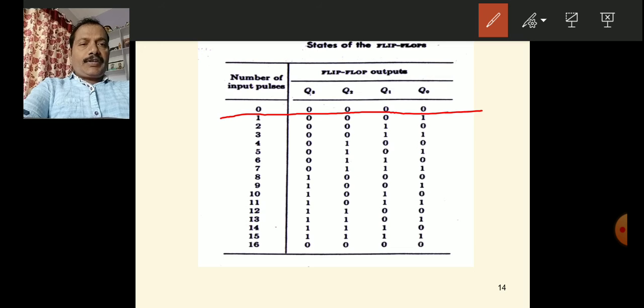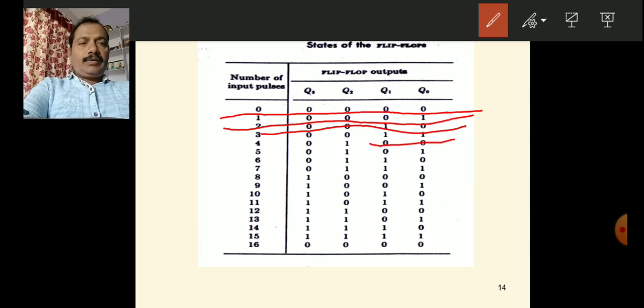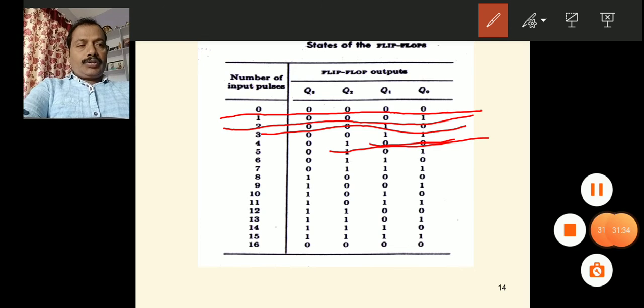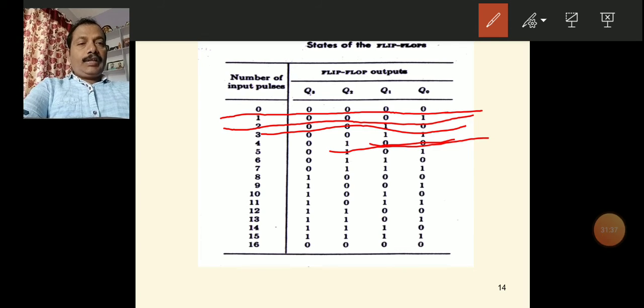Next, for the first pulse 0 0 1, for the second pulse 0 1 0, for the third pulse 0 1 1, for the fourth pulse 1 0 0, for the fifth pulse 1 0 1, like that up to 15. At the 16th pulse, again the flip-flops are initialized to zeros. That means the counter counts 16 pulses, 0 to 15.